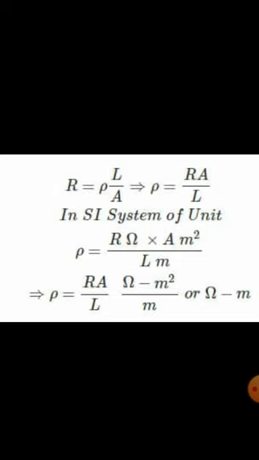We know the SI units of these three quantities. When we substitute the SI units of resistance, area of cross section, and length as ohm, meter square, and meter respectively, on simplifying, we get the SI unit for specific resistance or resistivity as ohm meter.